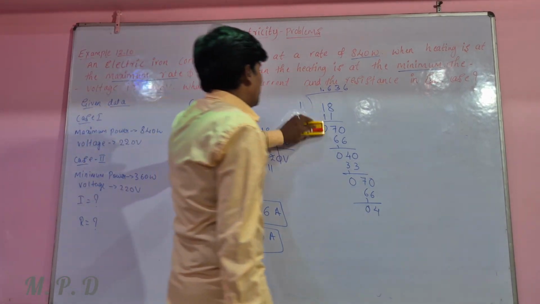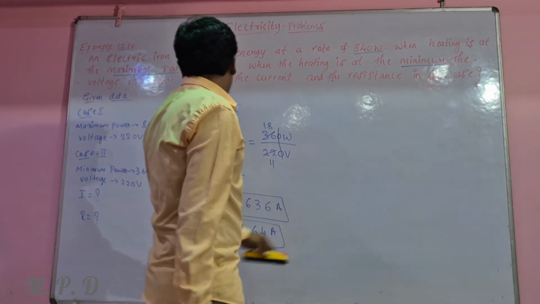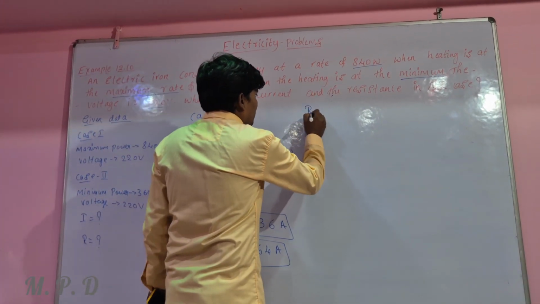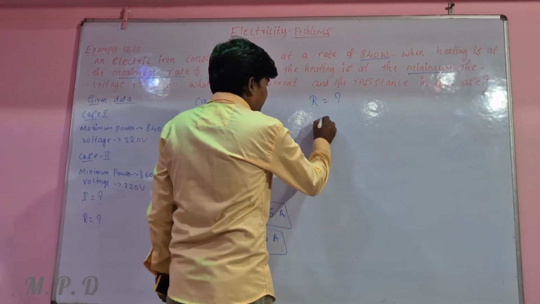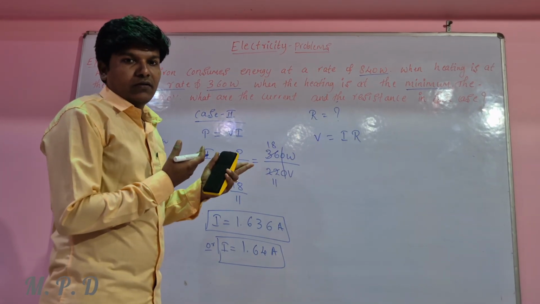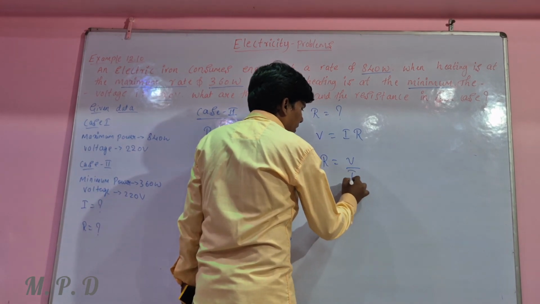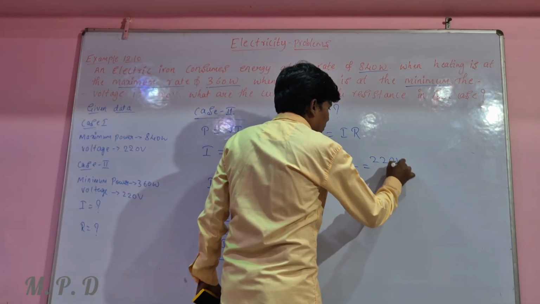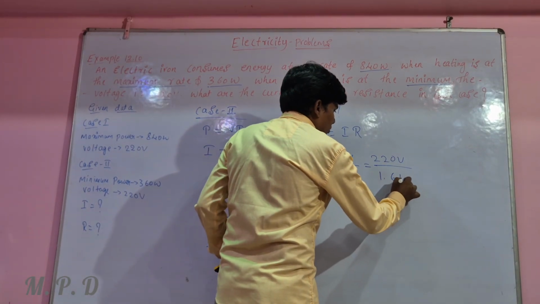Now we have found the I. Now we find out the resistance of the second case. We have to find out the R. R is equal to how much? And we know the formula. The formula is V is equal to I R. We have to find out the R, that's why we can take it as R on the outside. R is equal to V by I. We have the 220 volt, and we have the I, 1.64.